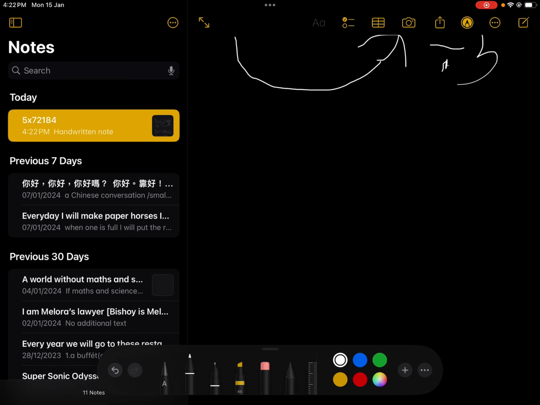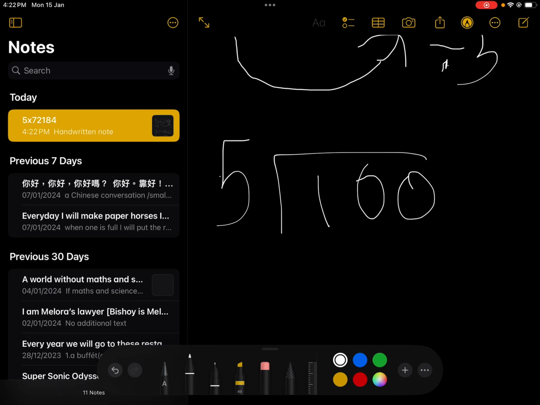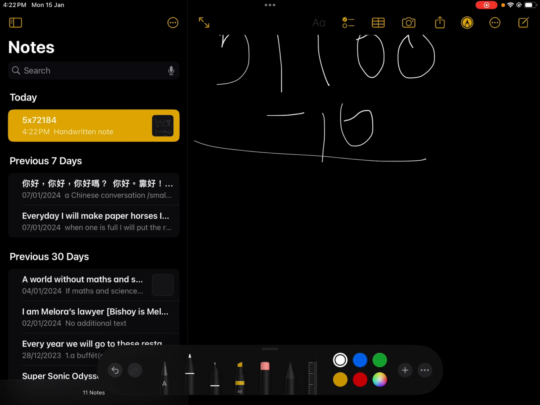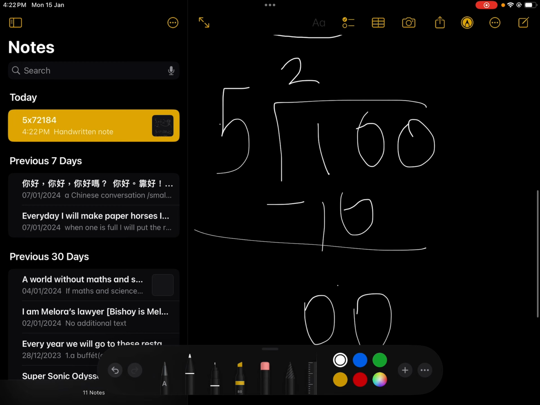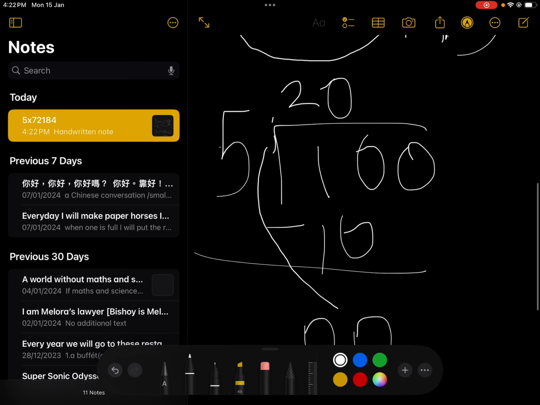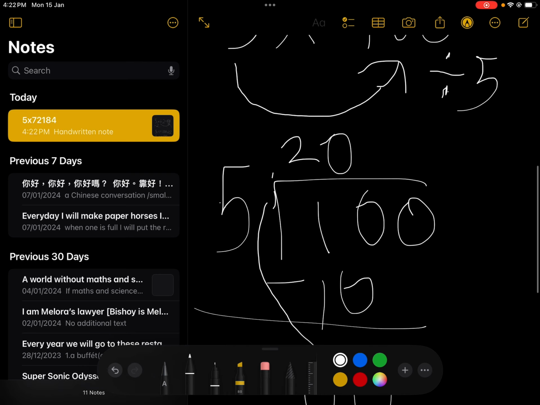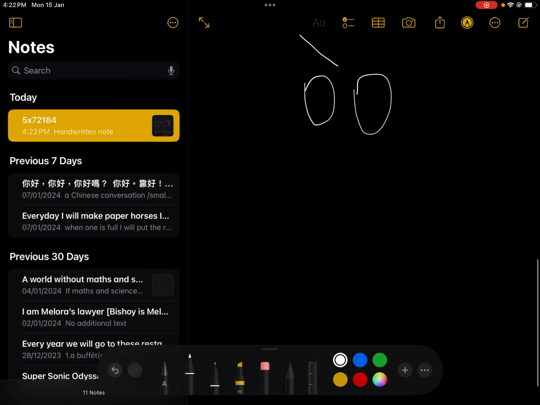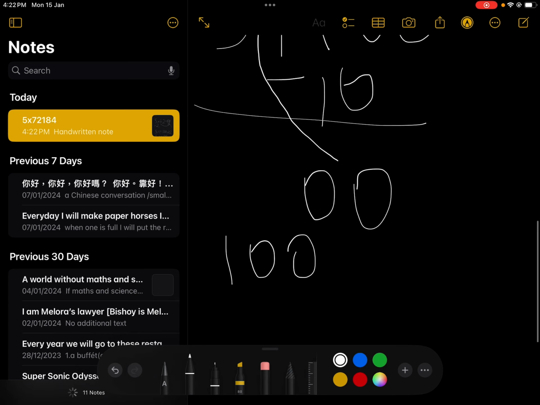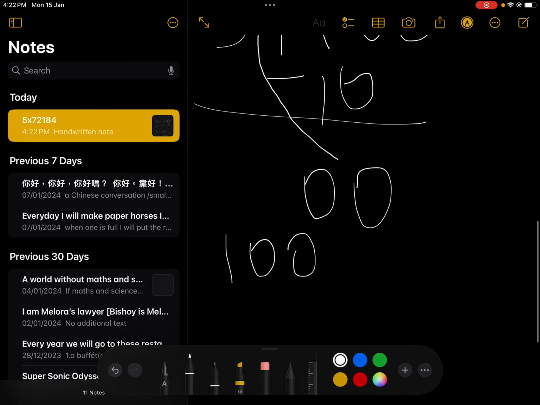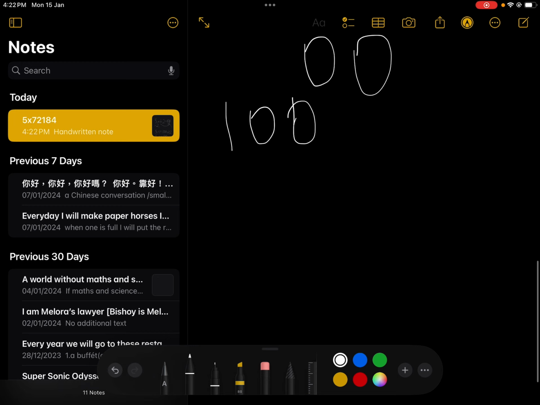And if we do the long division, based on our long division, we'll find out that it will equal 20.